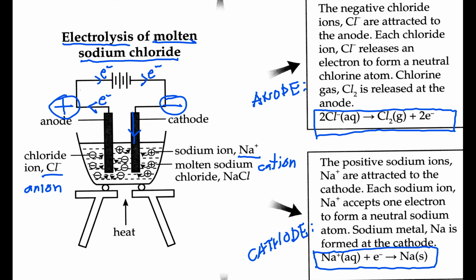Notice that at the anode, the chloride ion increases in charge from -1 to 0, and that is an oxidation. So oxidation happens at the anode. In the case of the cathode, we have the sodium ion decreasing in charge from +1 to 0, and since this is a reduction, reduction takes place at the cathode.